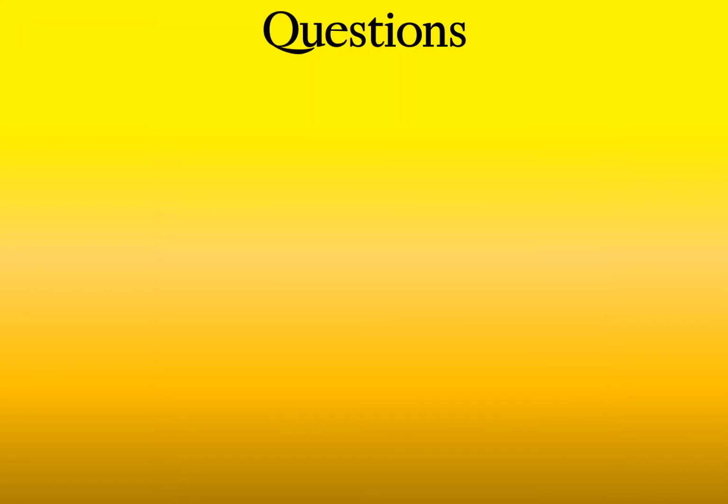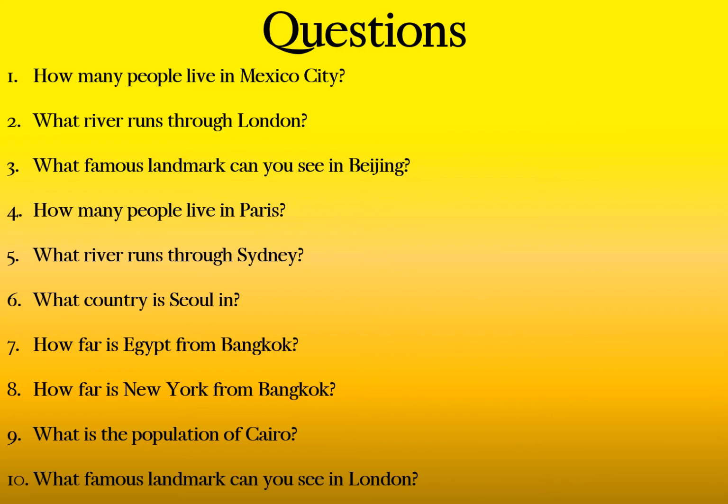Okay, here are your questions. Number 1, how many people live in Mexico City? Number 2, what river runs through London? Number 3, what famous landmark can you see in Beijing? Number 4, how many people live in Paris? Number 5, what river runs through Sydney?